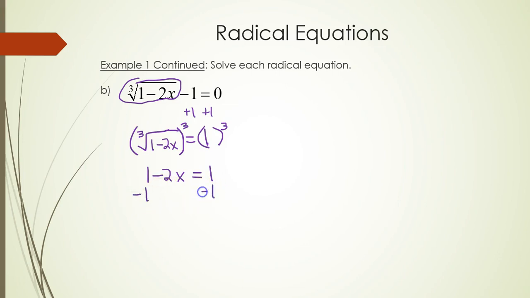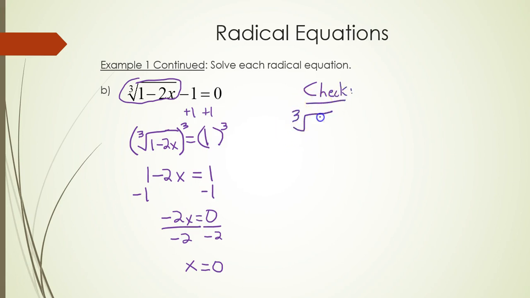Take away 1 from both sides, negative 2x equals 0. Divide both sides by negative 2. And you actually get x equals 0. But let's see if it actually works. Let's check. Plug in 0 for x.